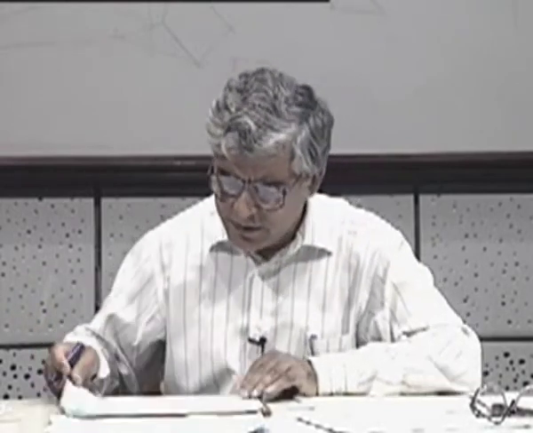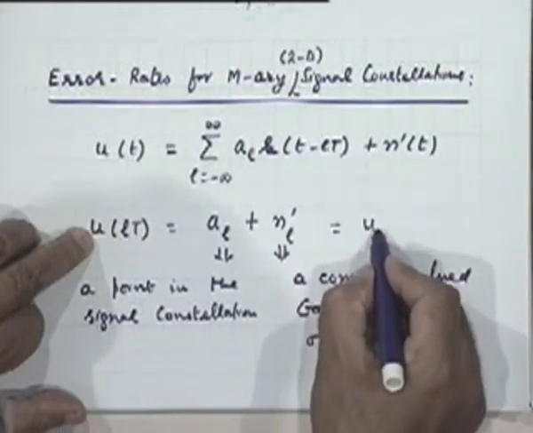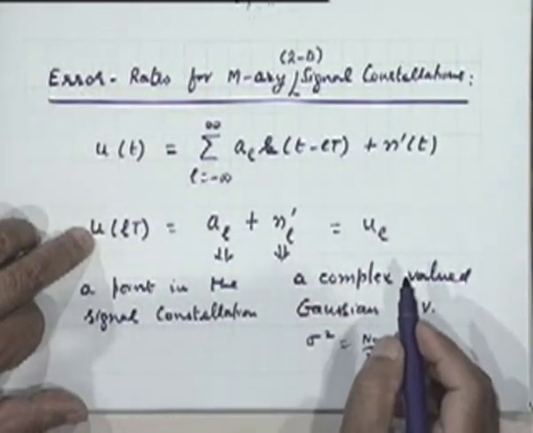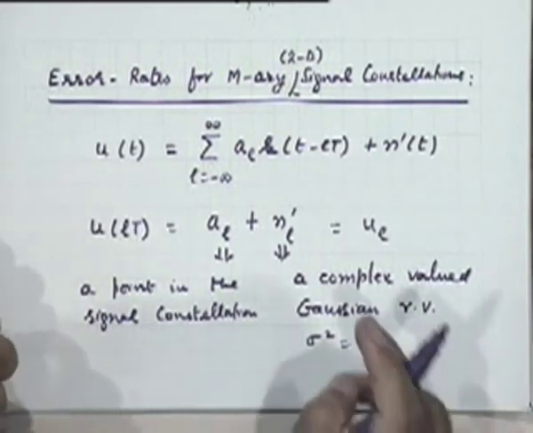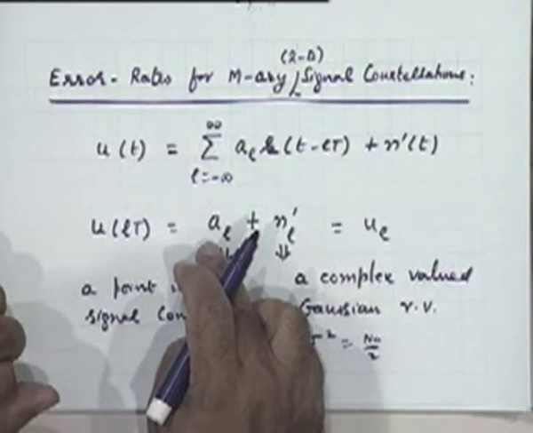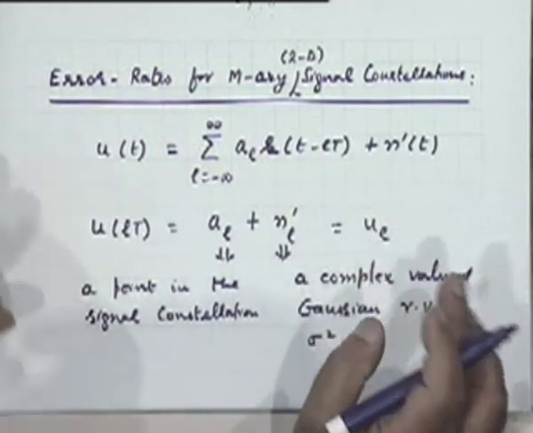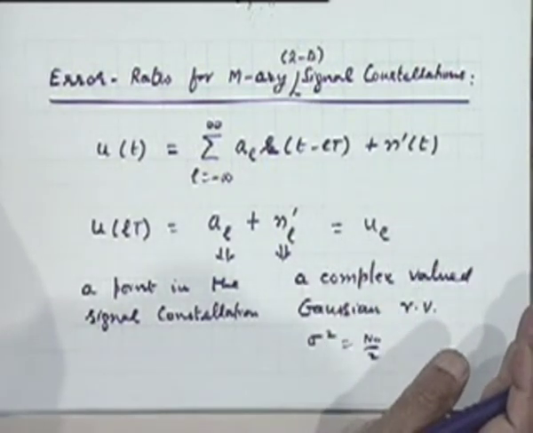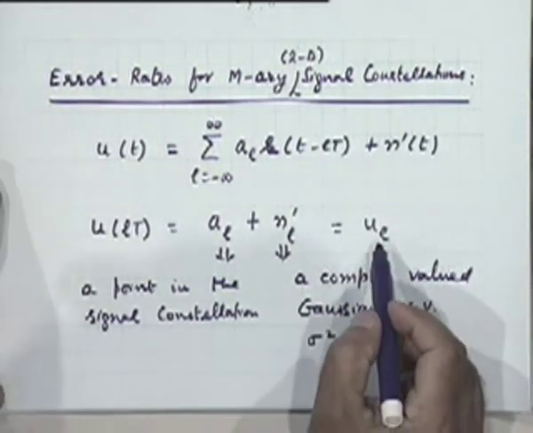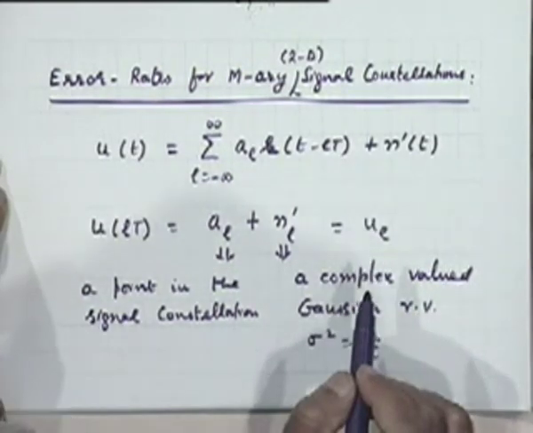Therefore, what can you say about U_L? It's a complex Gaussian random variable whose mean is A_L. So therefore, suppose we have M possible symbols, there are M possible density functions defined for each of the possible transmitted symbols.